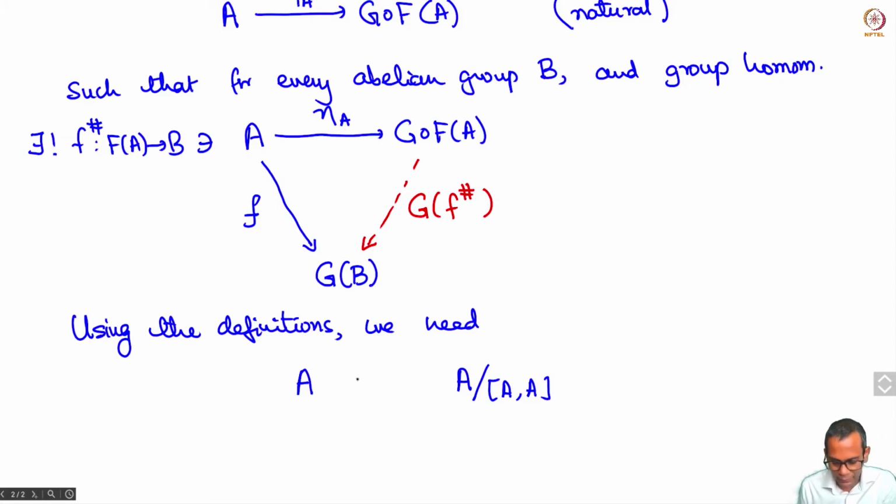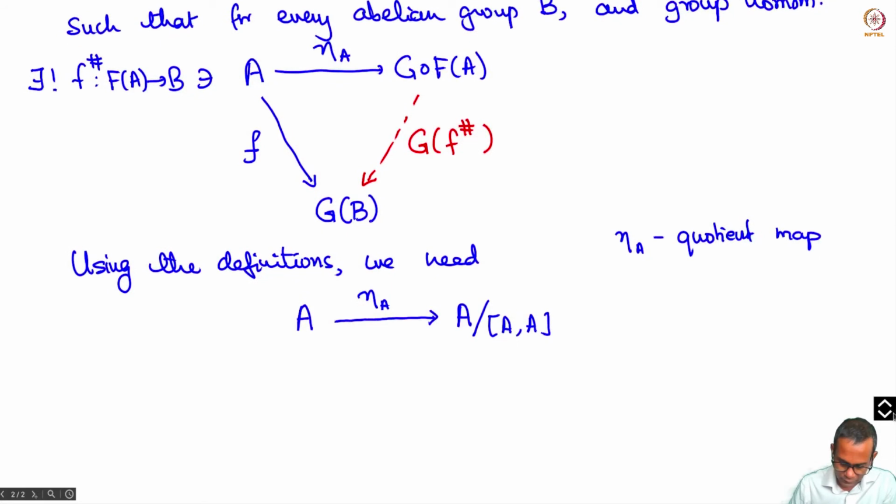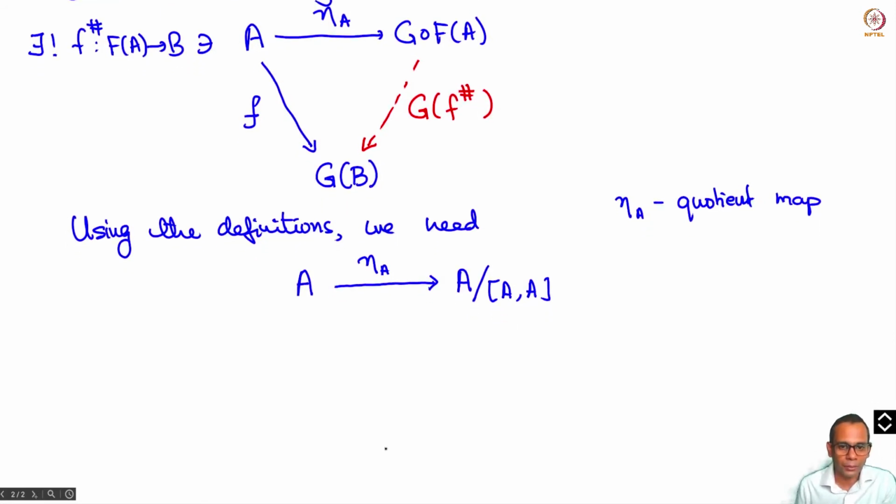This is going to be an arrow in the category of groups. This is an abelian group, you can check, but when we just think of it as an arbitrary group, we need an arrow like this, and what else but just take the quotient map. You need to check that it's natural, but that's not difficult, and I'm going to leave it out.